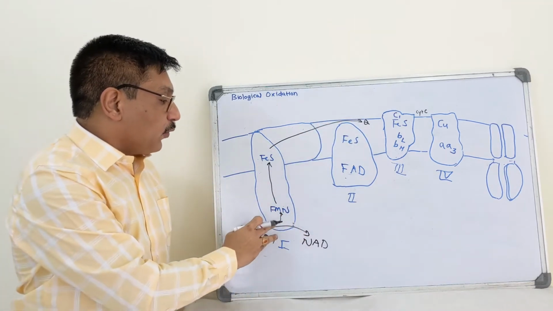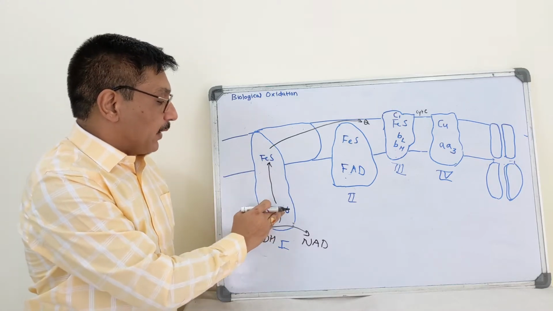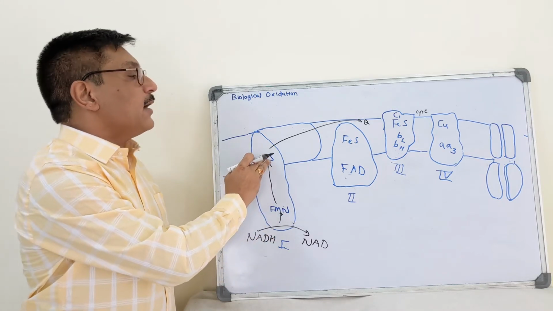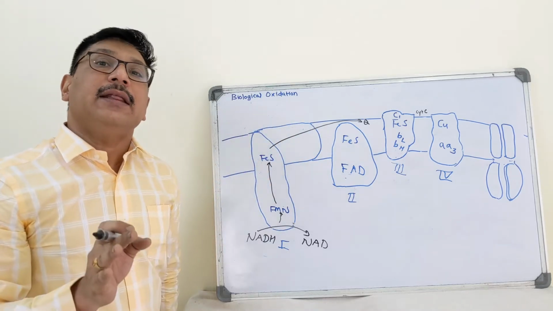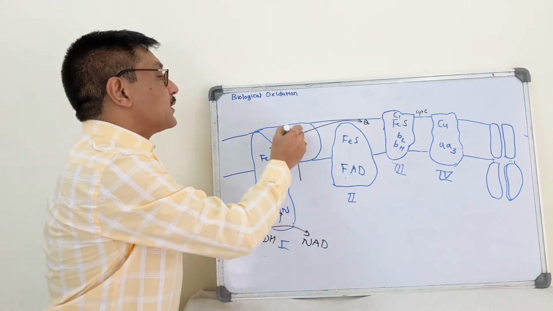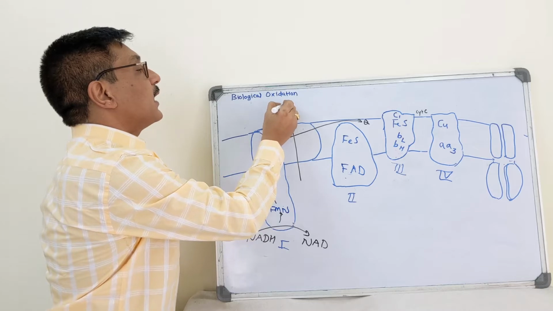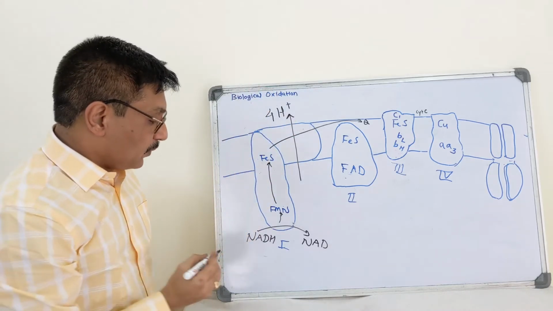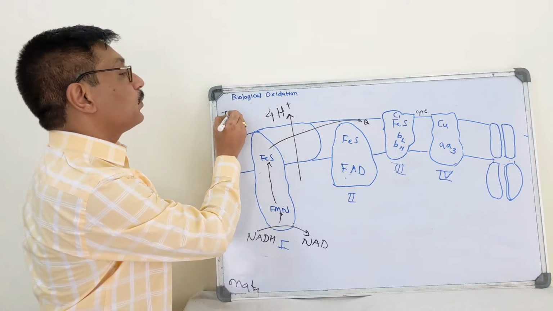This transfer of electrons from NADH to FMN, then various iron sulfur centers to Q, is an exergonic process, and this leads to pumping of 4H+ ions in the intermembrane space from the matrix. This is matrix, this is intermembrane space.